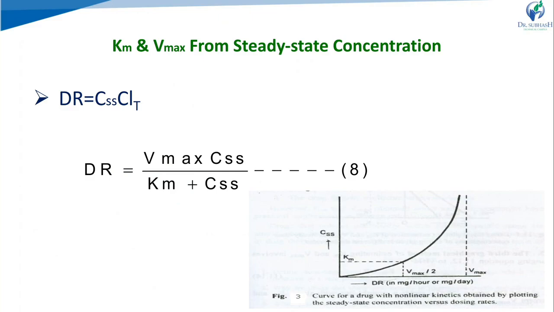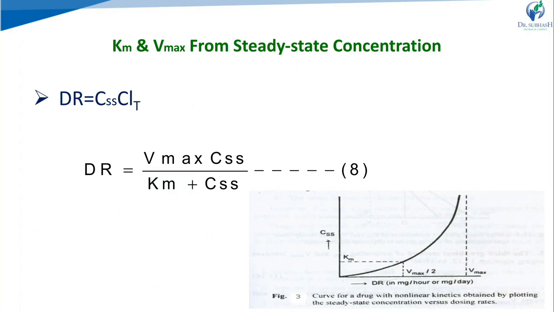So we have to go for the dosing rate: DR is equal to steady state concentration and the total body clearance. So DR is equal to CSS into clearance, and at steady state the dosing rate is equal to the rate of decline in plasma drug concentration.